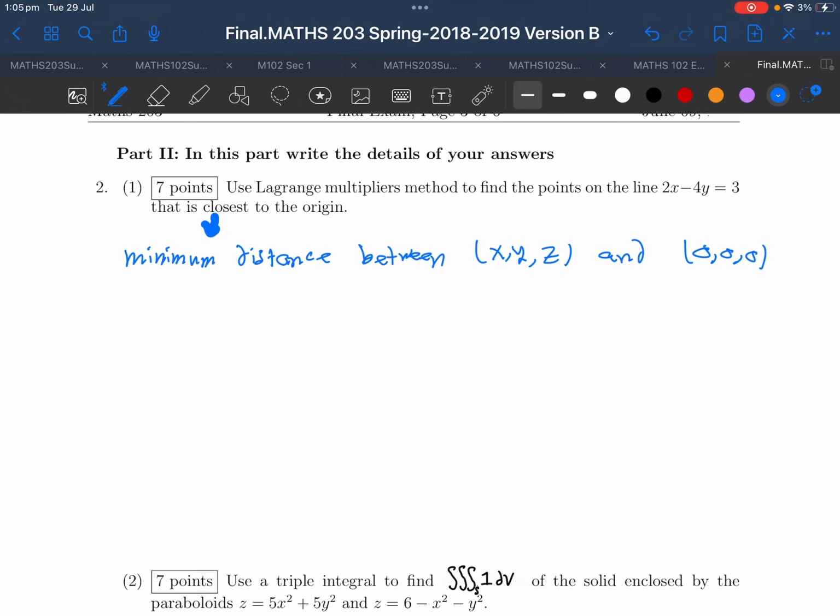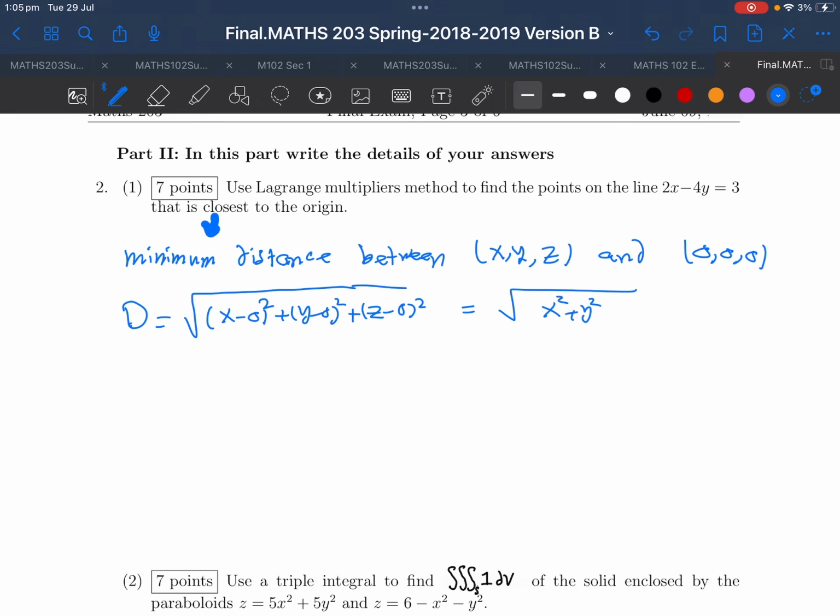Now, what is the function that finds the distance? It is the function with the square root of (x minus 0) squared, (y minus 0) squared, (z minus 0) squared, which in short is just the square root of x squared plus y squared plus z squared. Remember, if we solve a question about minimum distance, we don't need to minimize the square root.